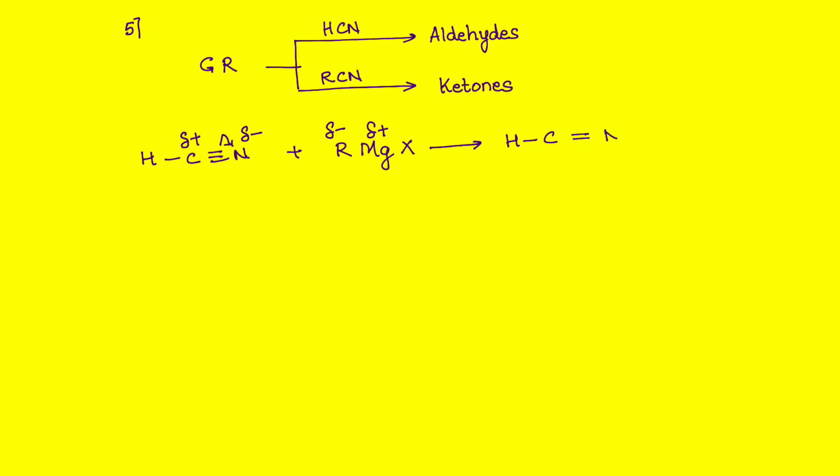Things become simpler by the formation of the addition product. But do you think this addition product can last like this easily? Magnesium is highly electropositive. It will have a tendency to get detached. Plus I have nitrogen also over here. So things are a little difficult.